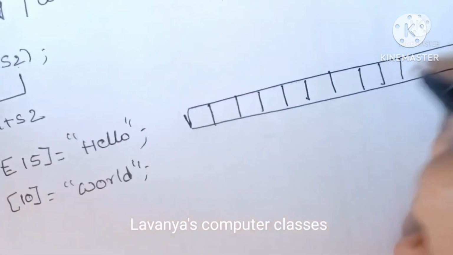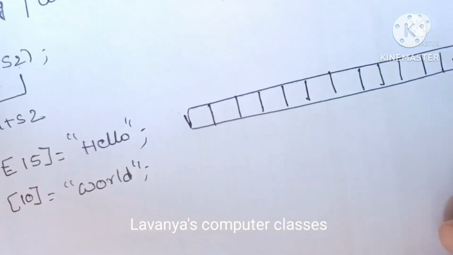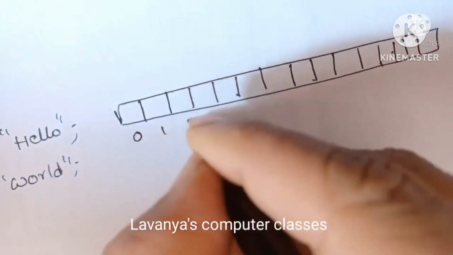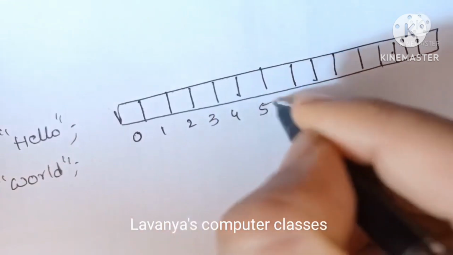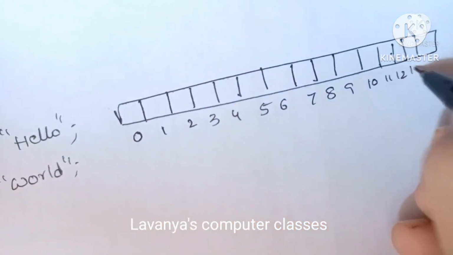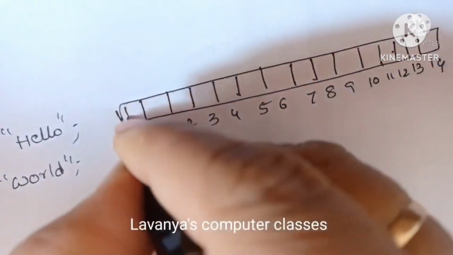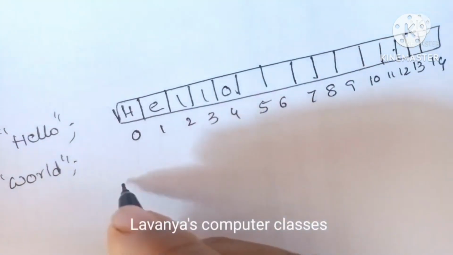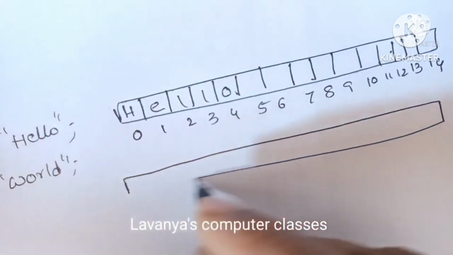So whenever I declare like this, s1 of 15 means 15 memory locations are allotted to the variable s1. So 0 to 14, totally 15 memory locations are allotted to s1. In this, what is the value? Hello.